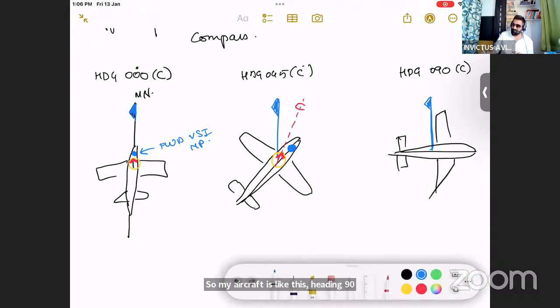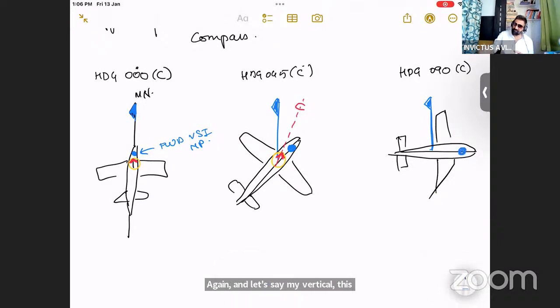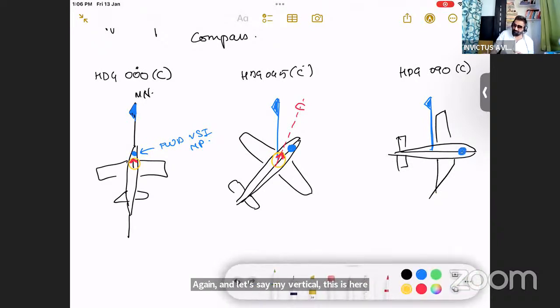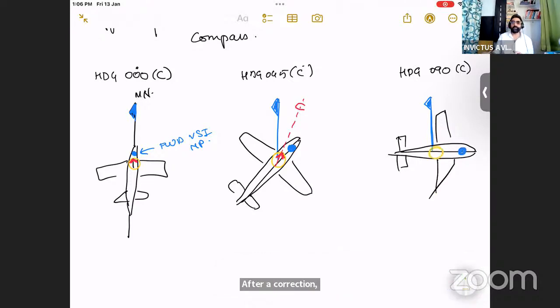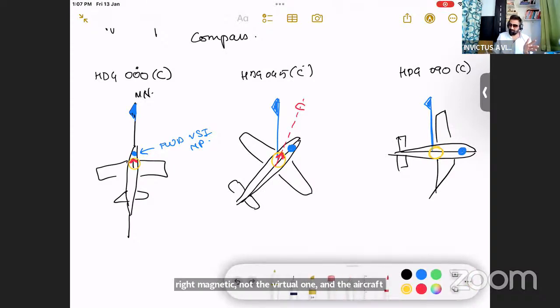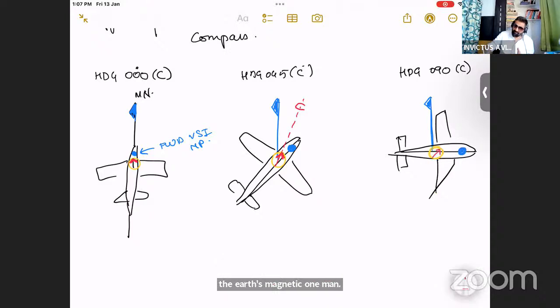And let's say my vertical soft iron magnetism is forward. What will happen to my compass? Here, my compass will be stretched between the imaginary magnet's north and the Earth's magnetic north. And it will show me a further increase compared to the earlier one, like this, in between the two.